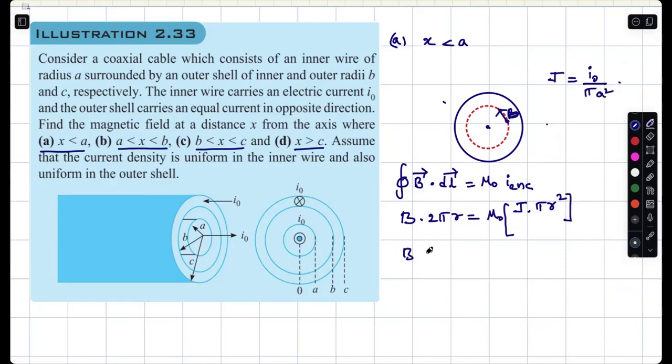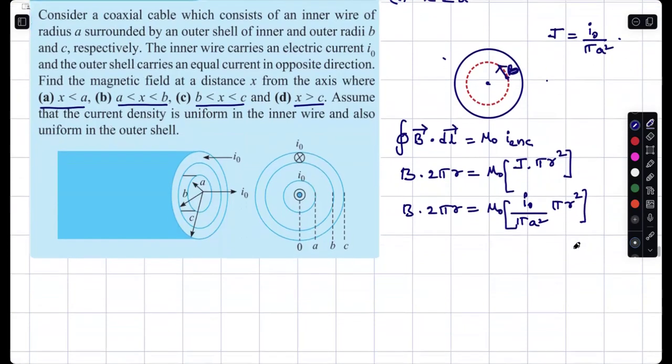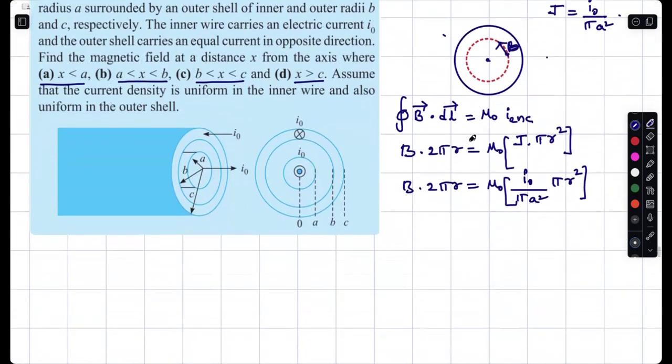So therefore, B into 2 pi r is mu naught I naught by pi a squared times pi r squared. Till this point, any doubt? So therefore, finally, B is mu naught I naught by 2 pi a squared times r.